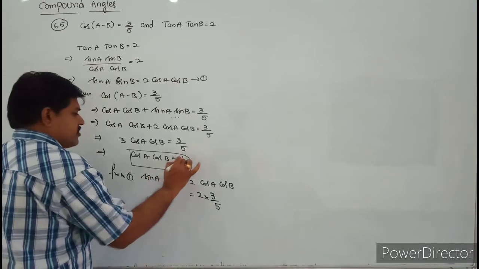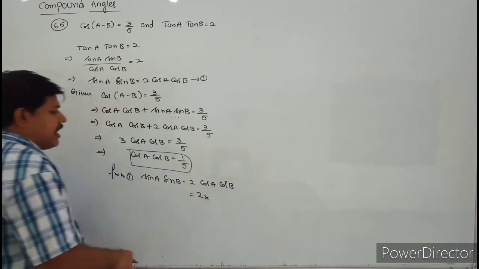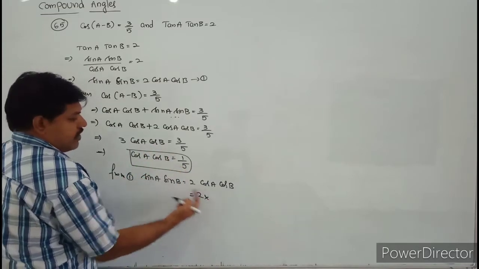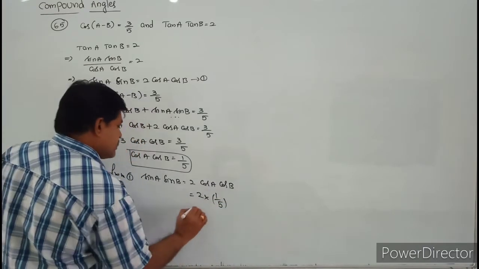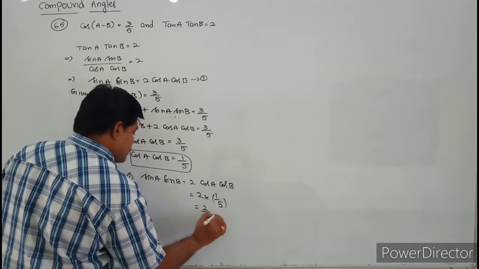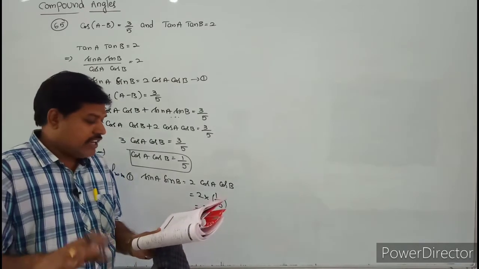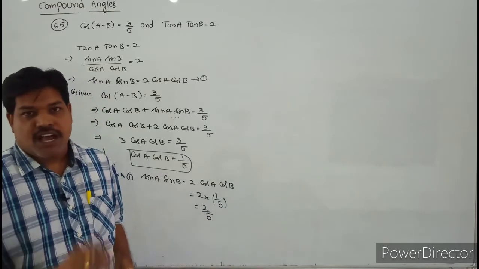So sin A into sin B is 2 by 5. Verify this answer. Cos A into cos B is 1 by 5, but sin A into sin B is minus 2 by 5 in that option. But you are getting 2 by 5, so it is not the answer.